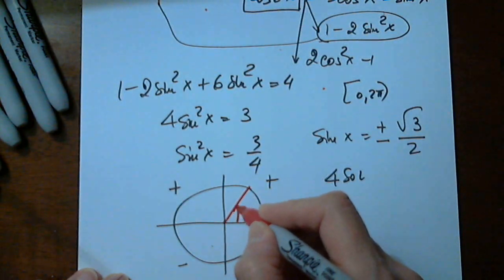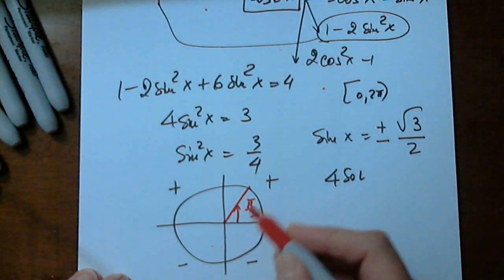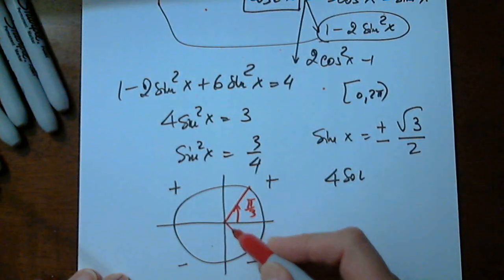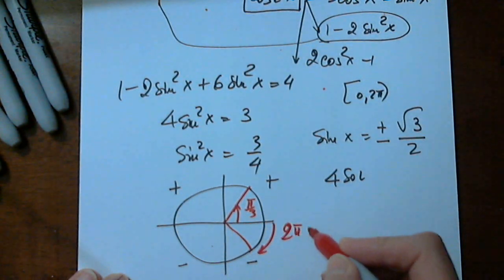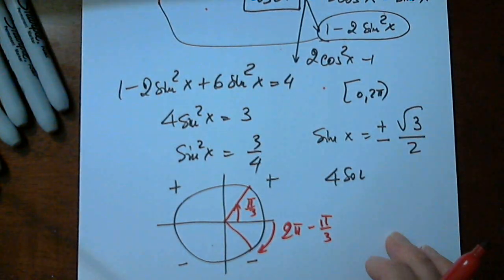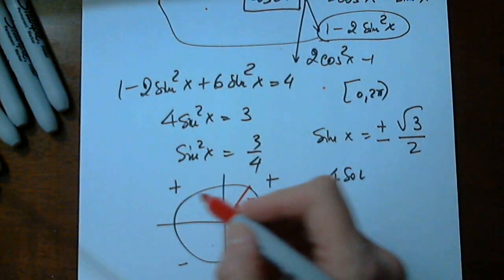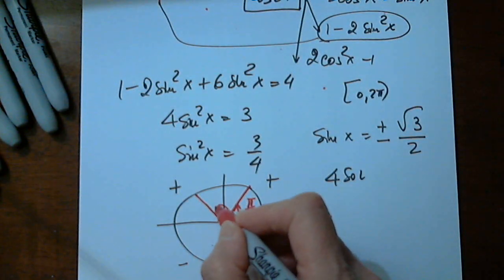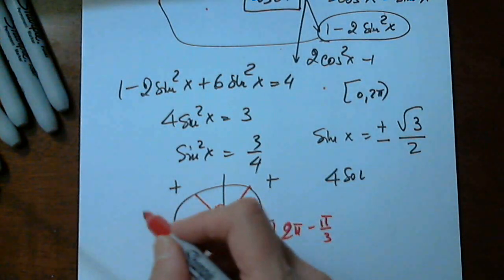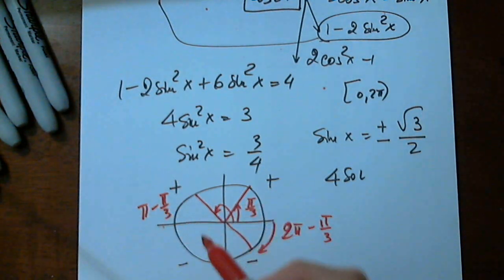So this is 1, pi over 3. This is the other. How do I get the other one? Here, 2 pi minus pi over 3. And then I have 2 on this side. So this angle is pi minus pi over 3.